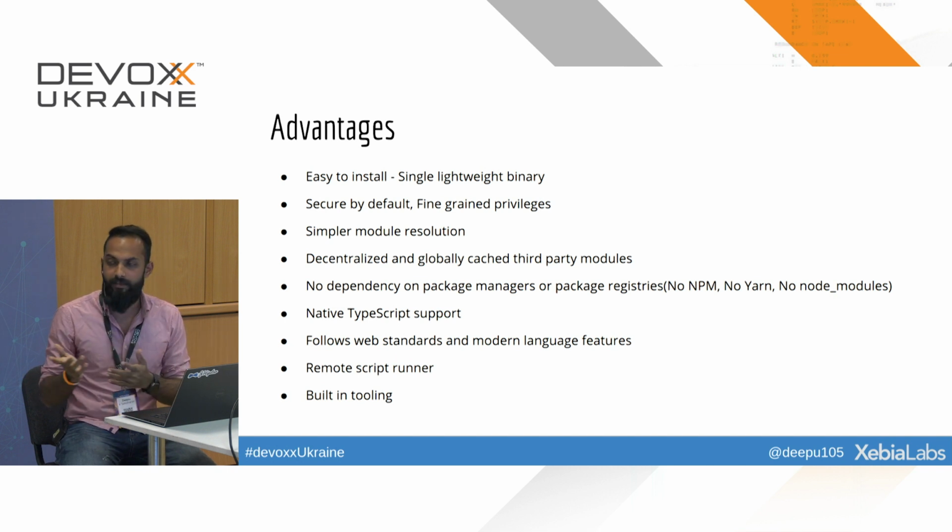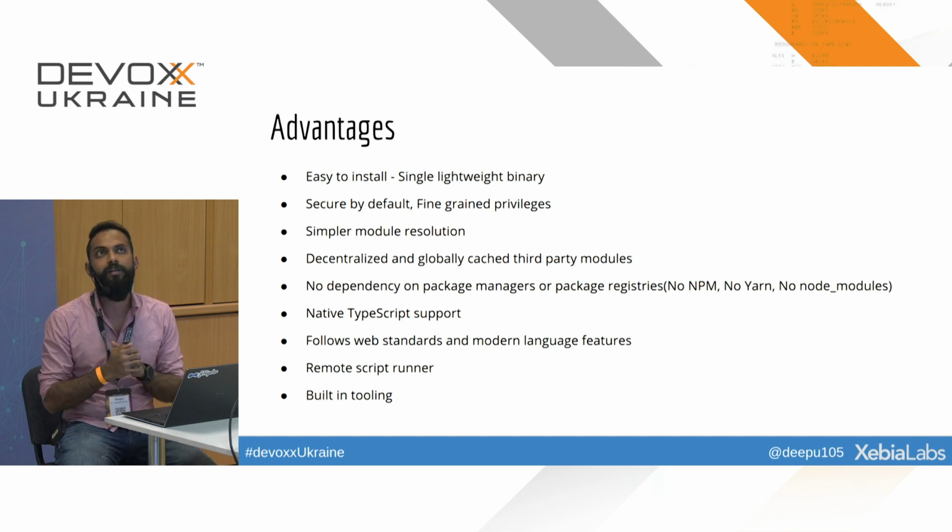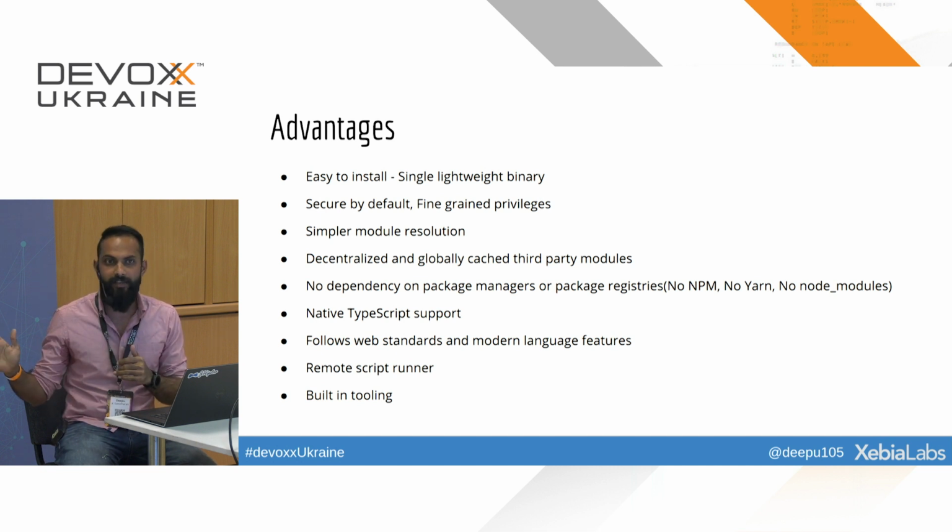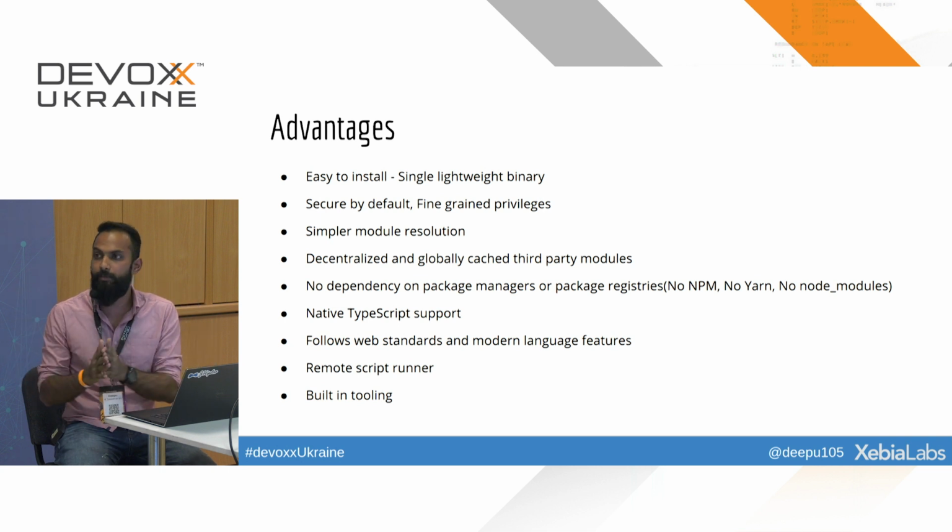Decentralized and globally cached third-party modules. One of the biggest problems of the Node.js ecosystem is, I think, undoubtedly NPM, right? It had a lot of issues, even recently. It is so much centralized. Node.js has the biggest community, actually bigger than most of the other languages combined. It has so many packages.